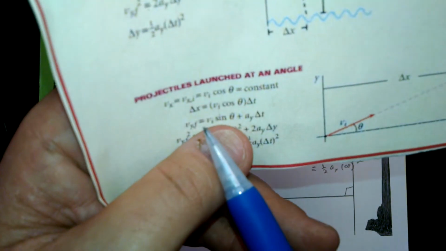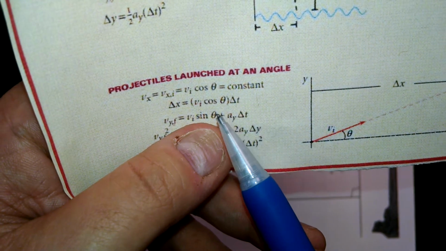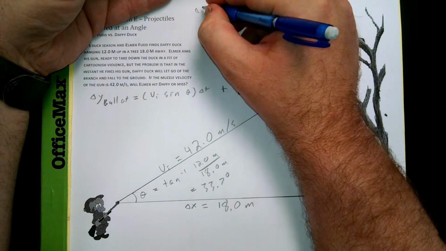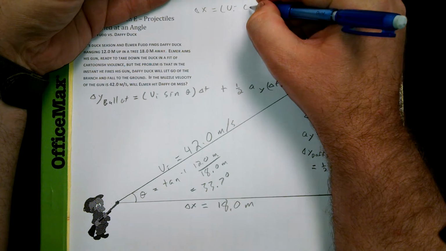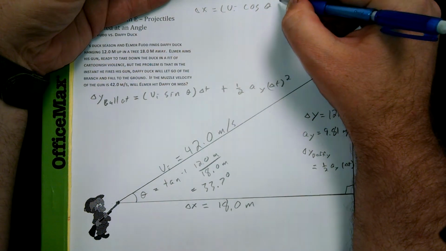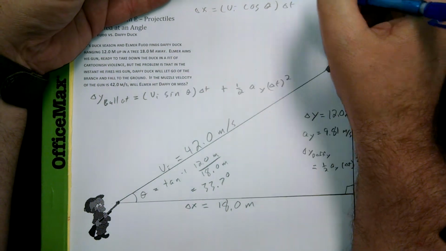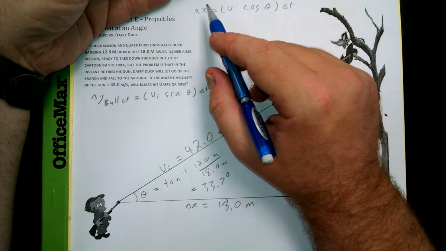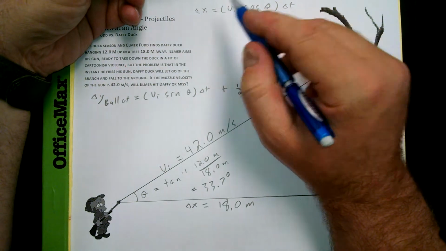This is the formula that we want to use for projectiles launched at an angle. Delta x is equal to vi cosine theta delta t. I'll put that up here really quick. Delta x is equal to vi cosine theta times delta t. And because we're looking for the time, we want to divide both sides by vi cosine of theta.